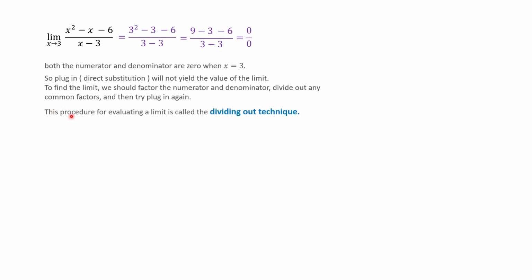This procedure for evaluating the limit of rational functions is called the dividing out technique. Before we jump in and find the limit of this function with the described technique, maybe it's not a bad idea to see the graph of this function and see what the limit is as x approaches 3.